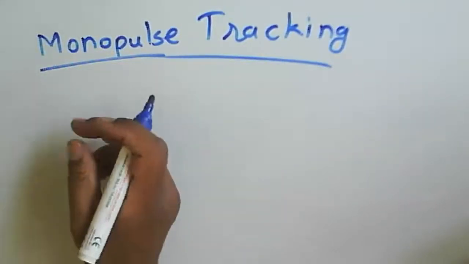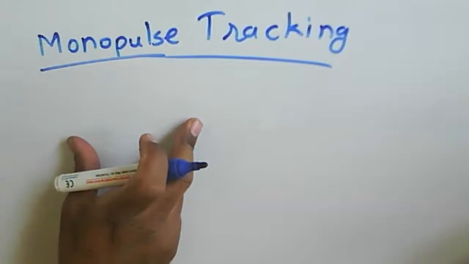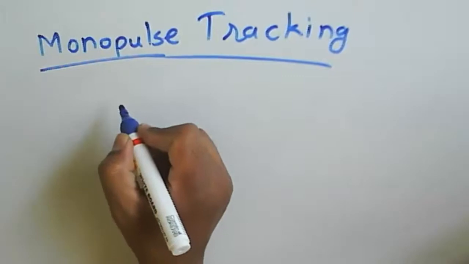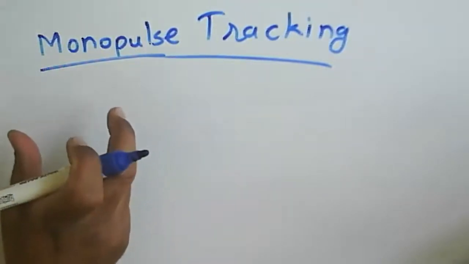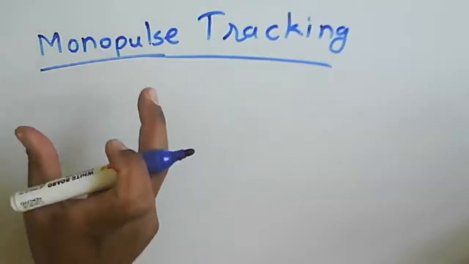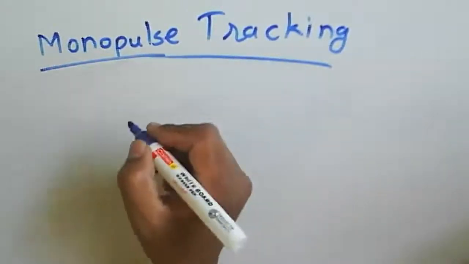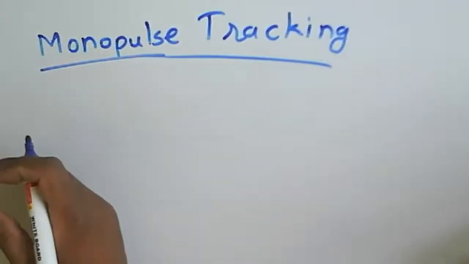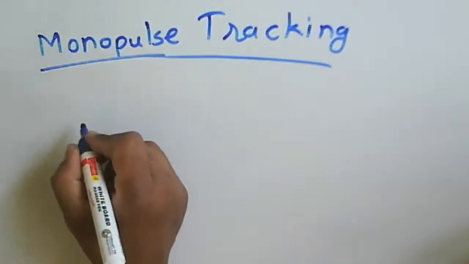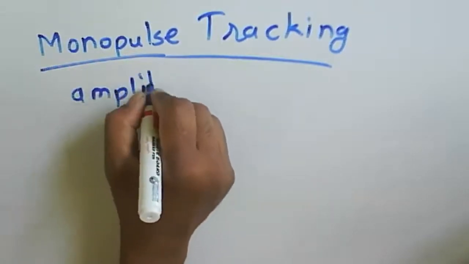We have a tracking radar with an antenna, and whatever single pulse echo we receive from the target, we need to compare the amplitude of that echo pulse. Instead of multiple pulses, a single pulse is sent and we measure its echo, so we can measure the angle, and that measurement we consider in terms of amplitude.